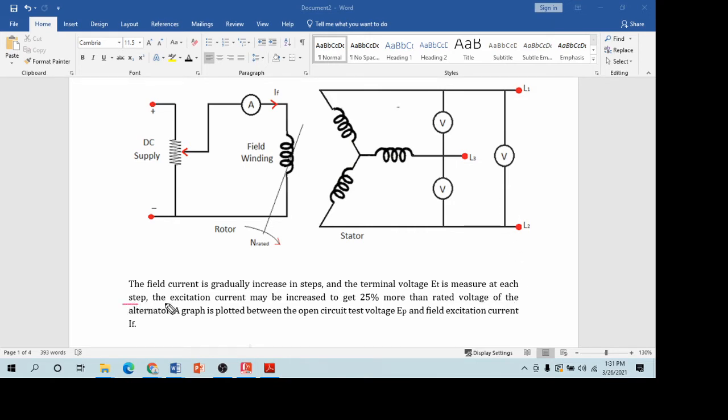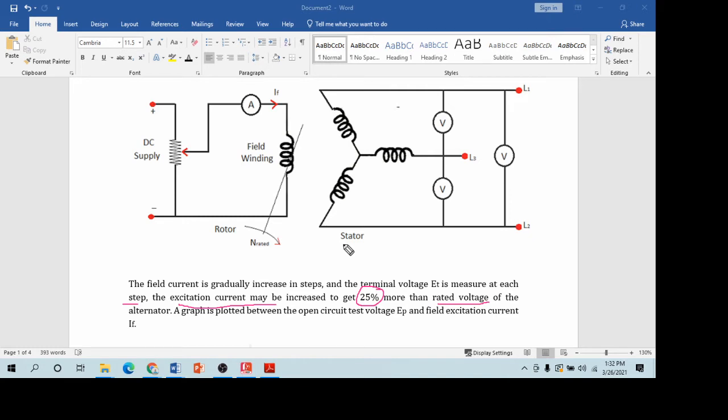The excitation current may be increased until the voltage is 25% more than the rated voltage of the alternator. Take note of that.